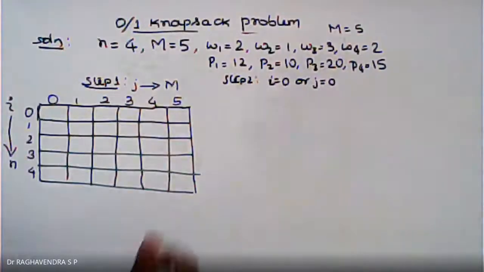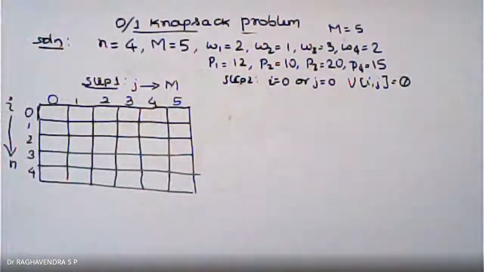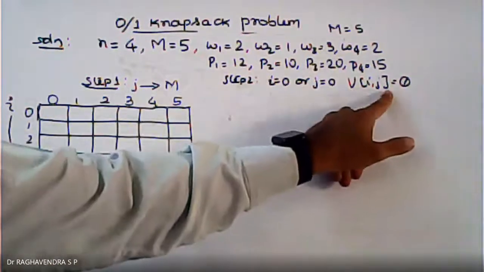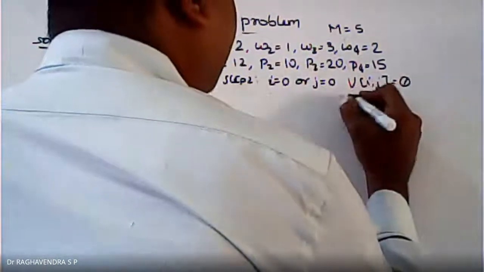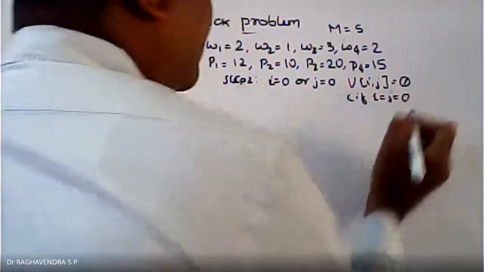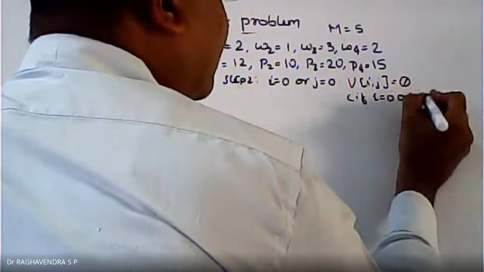In case 1, what does V of I, J become? 0. So write: for I is equals to 0 or J is equals to 0, using equation 1 we have V of I, J is equals to 0, if I is equals to 0 or J is equals to 0.